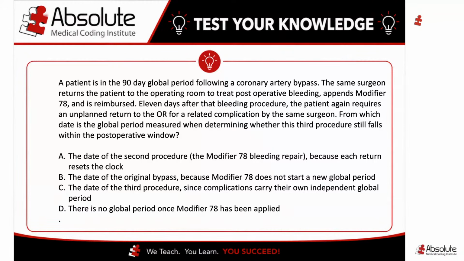B, the date of the original bypass, because modifier 78 does not start a new global period? C, the date of the third procedure, since complications carry their own independent global period? Or D, there is no global period since modifier 78 has been applied?